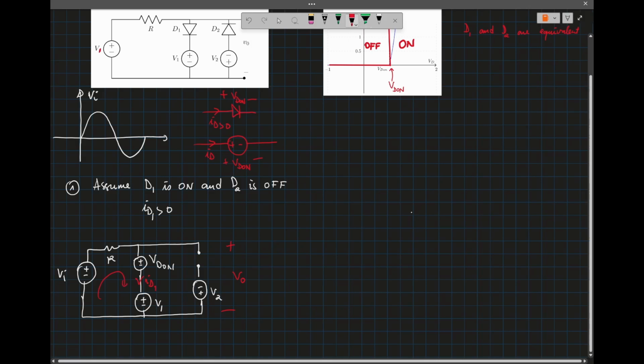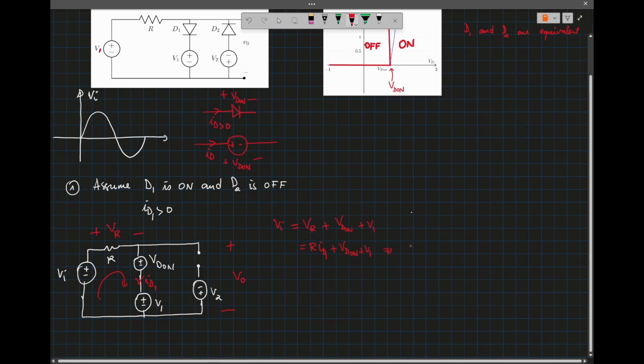So the voltage here will be VR. So VI will be equal to VR plus VD on plus V1. VR is R ID1, so VI equals R ID1 plus VD on plus V1.